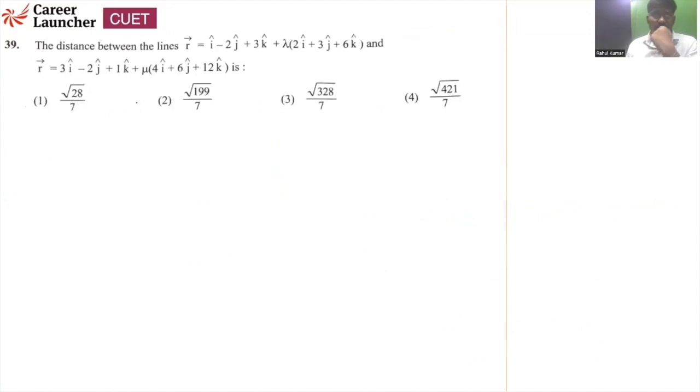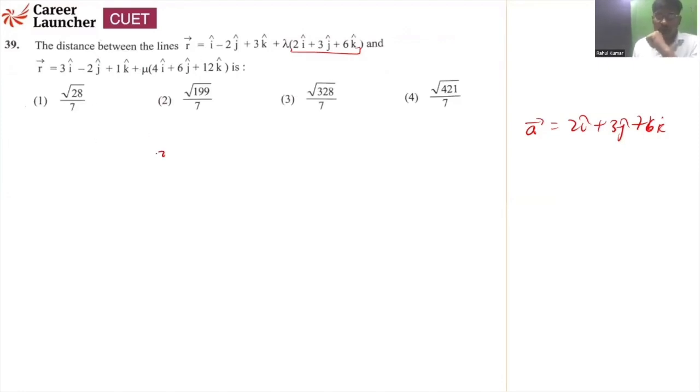Now we have the next one. So we need to find the distance between these two lines. You can see that both lines are parallel, so you can use any of the direction vectors. So I'm using a vector as 2 i cap plus 3 j cap plus 6 k cap. Now we need to find the distance.